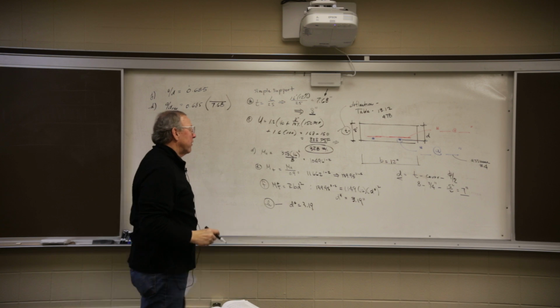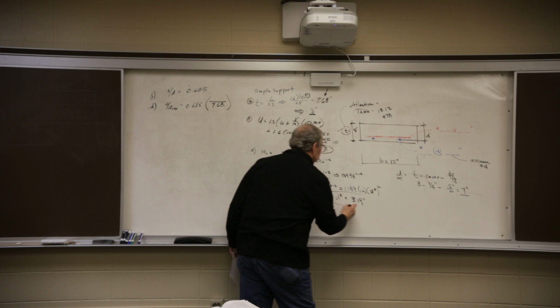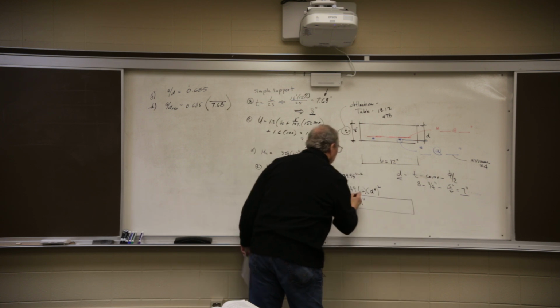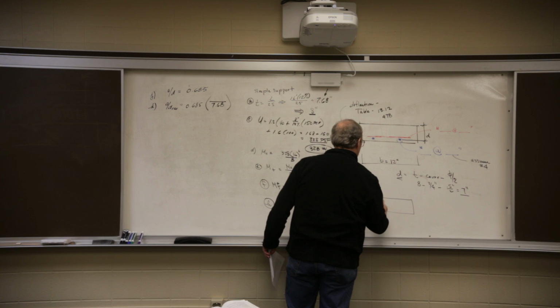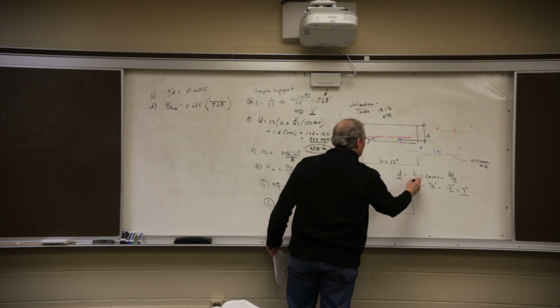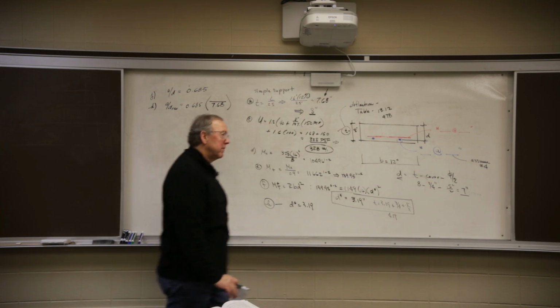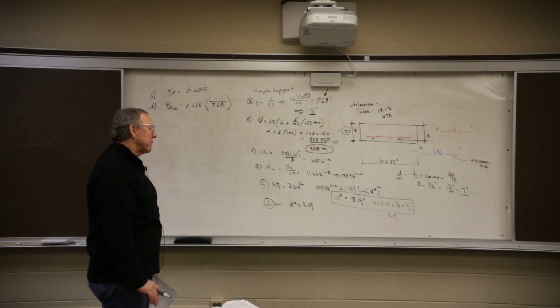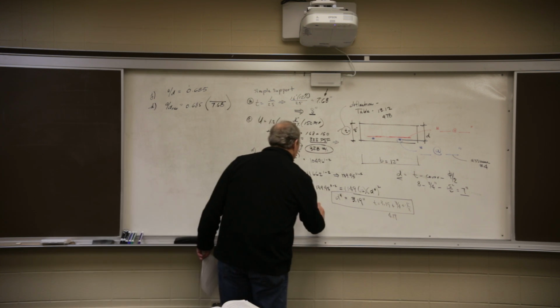And T over here is what? Right here, I need this T. To get T, what do I have to do? Add the cover, add half a bar diameter, so T in step H is 4.19.